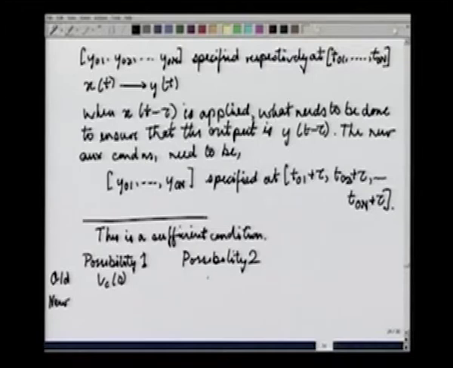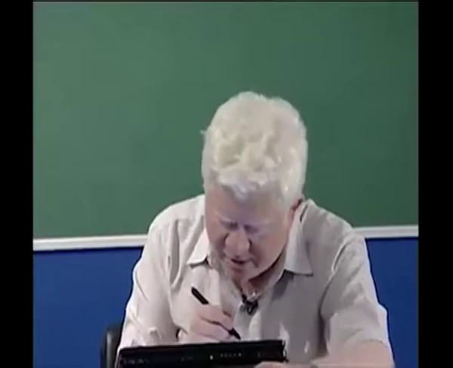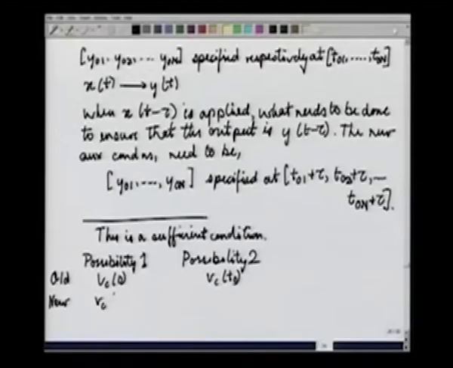Possibility 2 for the old case was Vc at t0. For the new case, the corresponding auxiliary condition positions we have had are Vc of tau, which would be equal to this, and in this case Vc of tau plus t naught, which is equal to this, which is equal to this. So, these two are equal and these two are equal.